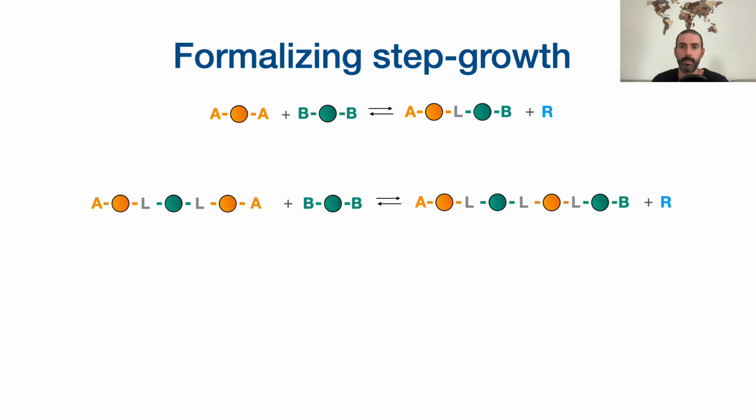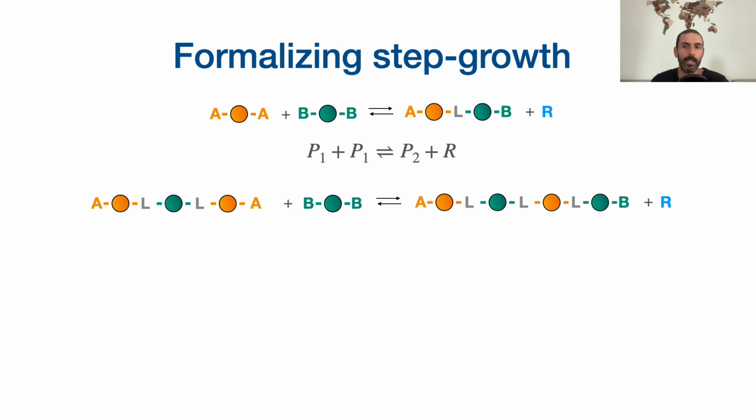How do we formalize these reactions? Well, as usual, we need to identify the reagents participating. So the monomer I could call here a chain of length 1, so I call it P1 plus P1, and I say that this is in equilibrium with a P2 chain, where 2 represents the number of monomers belonging to this chain, and R is our group, a small molecule which is released during this equilibrium reaction.